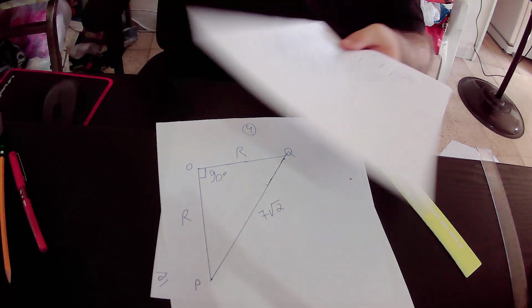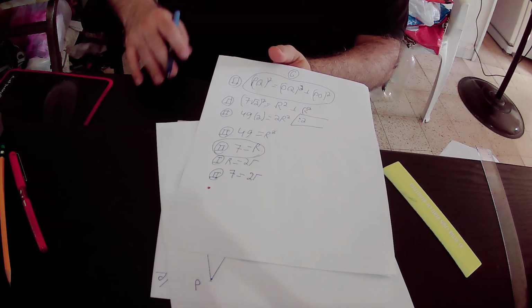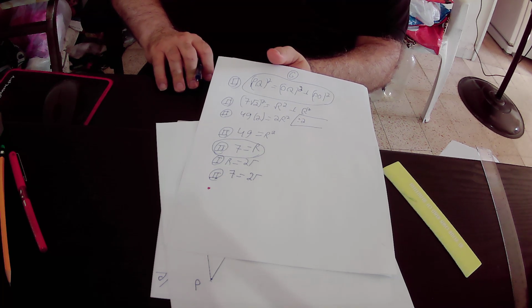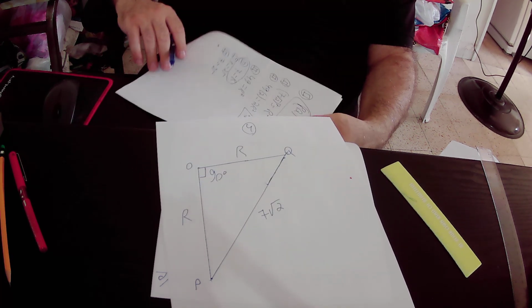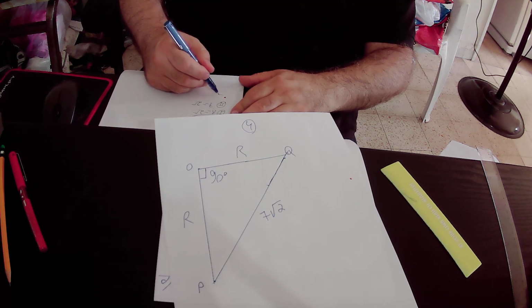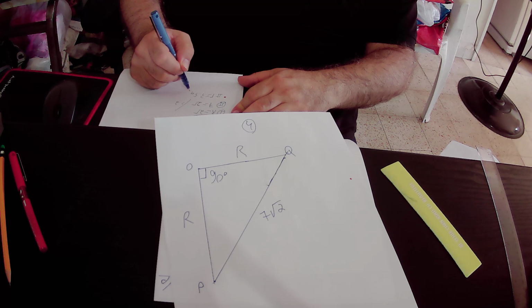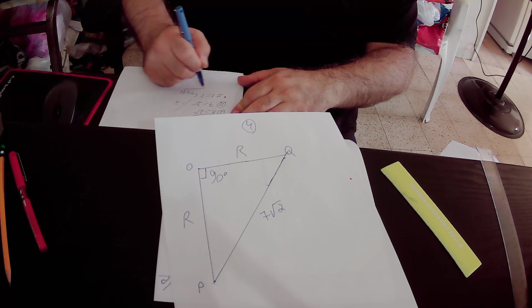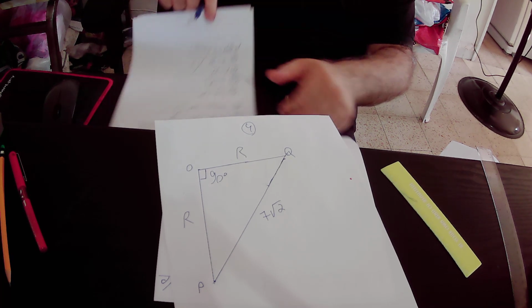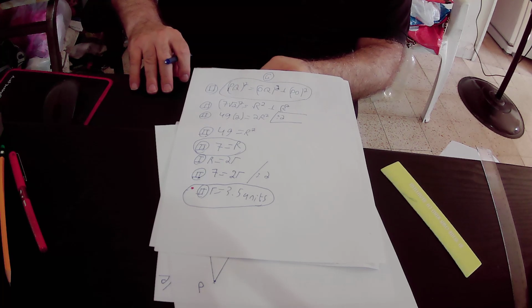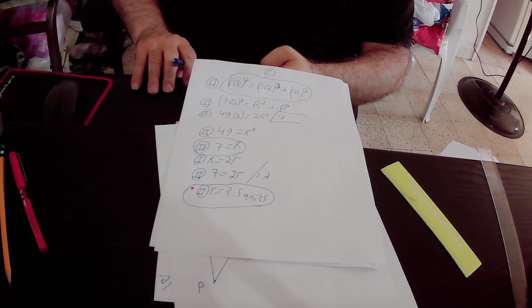So we got here that 7 equals 2 times small r. We can divide equation number 2 by 2, and we get that small r equals 3.5 units, or the radius of the yellow circle equals 3.5 units.